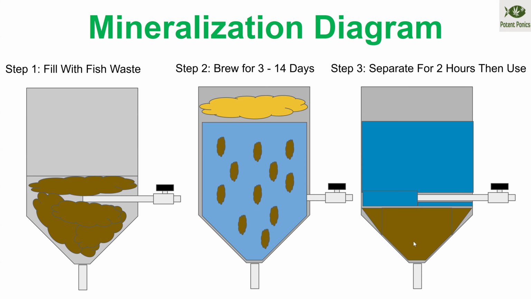Let all the solids settle to the bottom, and then just open our valve and allow that to drain off with just our clean, clear, mineralized water. And that's a great way to continue to utilize fish waste from your pond or your aquarium or your aquaponic system that you've separated off, and then brew it for your garden use.